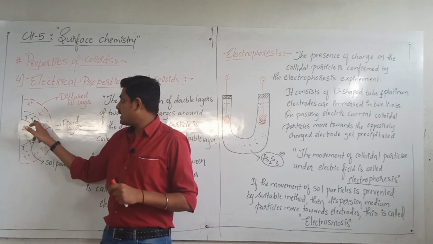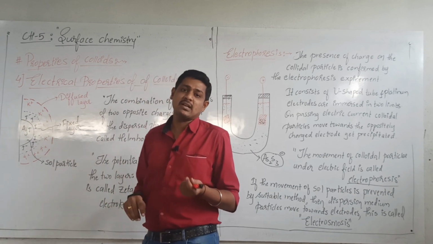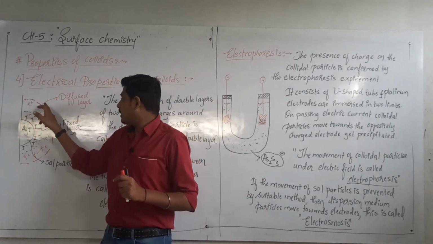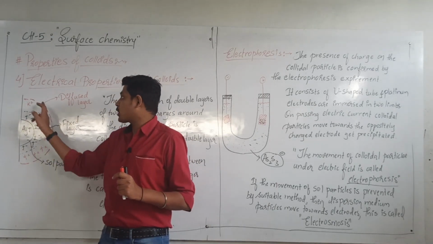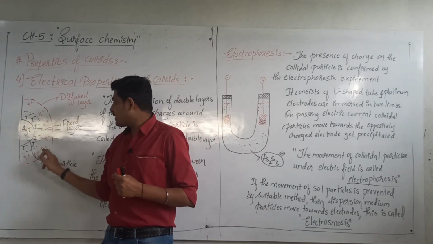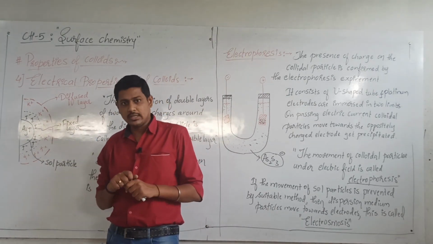Iodide ions are negatively charged, therefore these will attract the positively charged potassium ions. So there is again a formation of a second layer. This second layer is called the diffused layer.